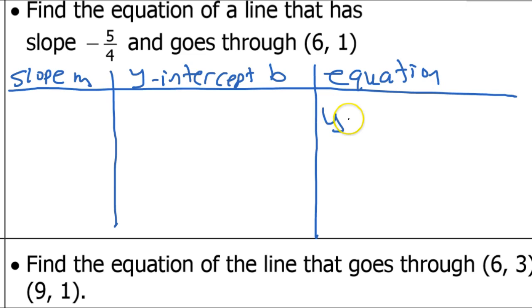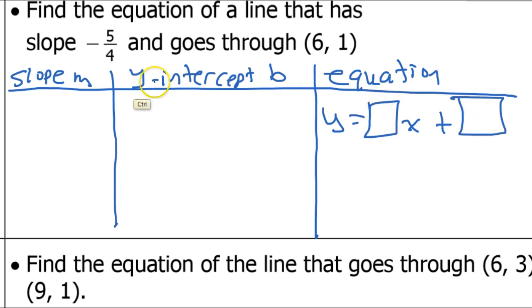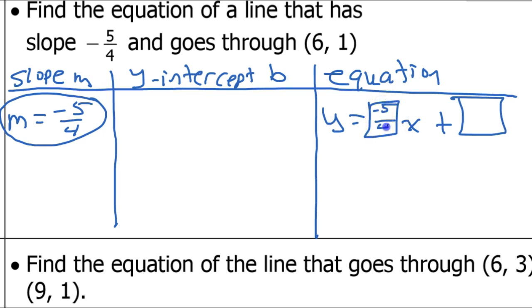The equation again goes y is equal to something x plus something. I just need the slope and the y-intercept. They gave me the slope, so the slope is equal to -5 over 4. Given. So I can go ahead and fill that in right now, -5 over 4.